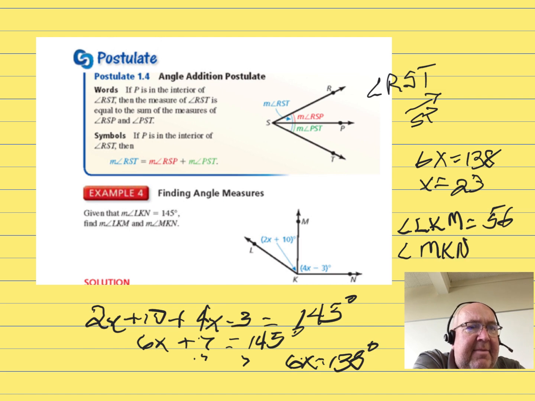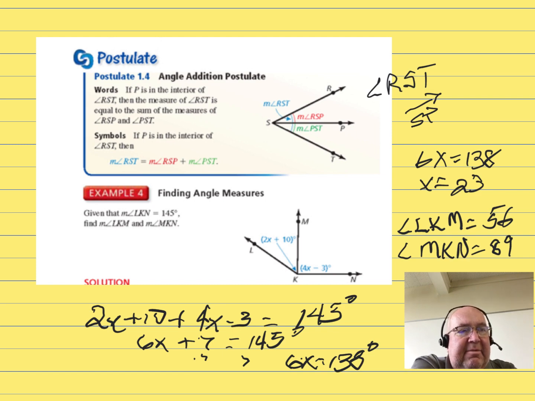So angle MKN is 89 degrees. We can check our math real quick to see if that equals 145 degrees, and it does.